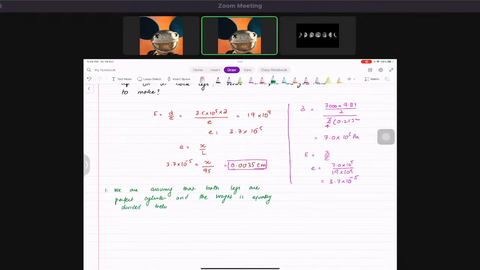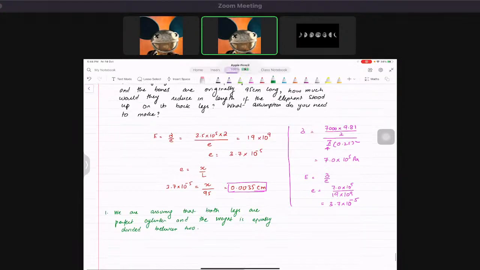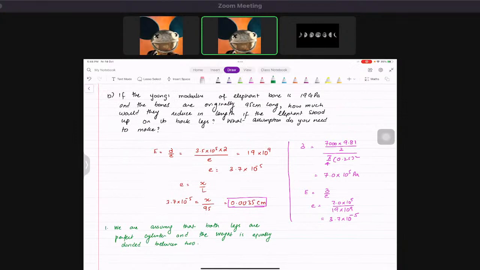Do you understand? So otherwise one bone might have a greater compressive strain because it might be taking up a larger load than another one. Okay, now write this down please and let me know if you need help in something.